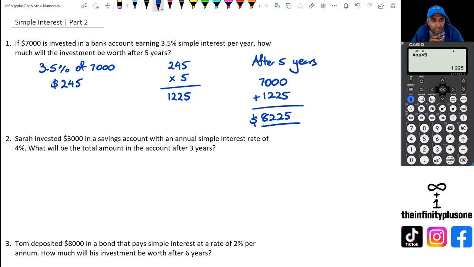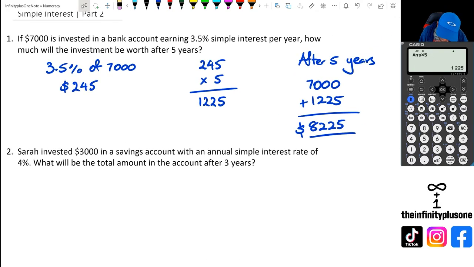Question 2, we're looking at Sarah invested 3,000, simple interest rate of 4%, and what will be the total amount after 3 years? So we've got 4% of 3,000 first, and let's figure out what that is. So 4% of 3,000, so I'm going to go 4 divided by 100, and I'm going to multiply it by 3,000, and that's going to give me $120.